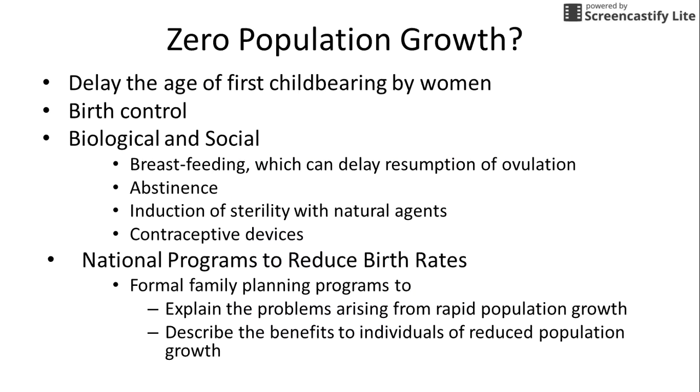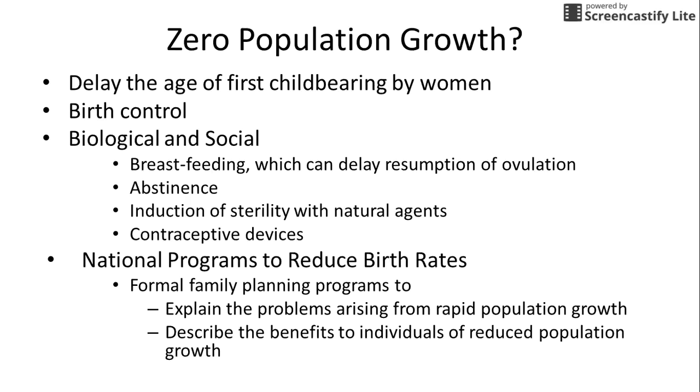And so ultimately, we would like to decrease our population growth. Is it possible to get to zero population growth? Obviously, there are a few ways that we can try and go about getting there. In looking at these countries with very high population growth, we want to try and delay the age of the first childbearing women, which we've talked about in class, and access to birth control, looking at the biological and social issues.